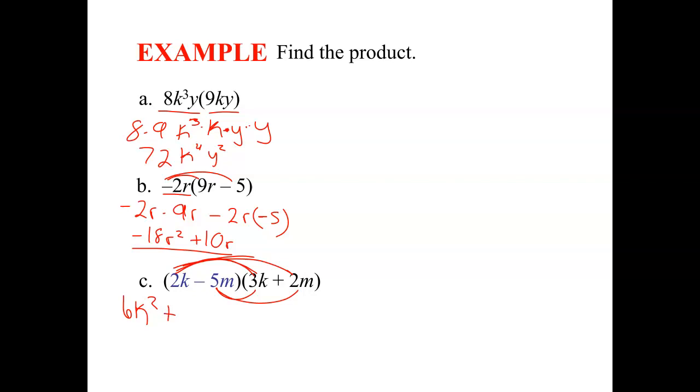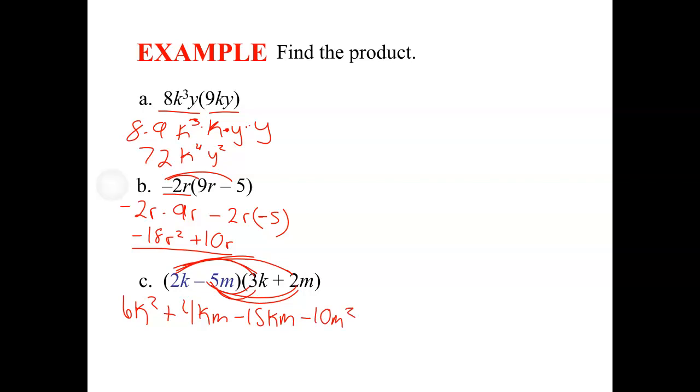Say that again? 4. Thank you. I couldn't understand the coefficient. 4km. Negative 5m times 3k. And then negative 5m times 2m. M squared. Okay?